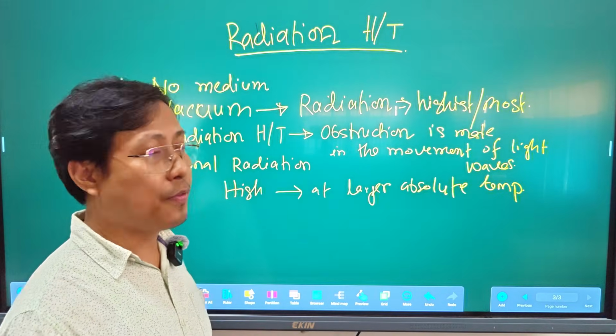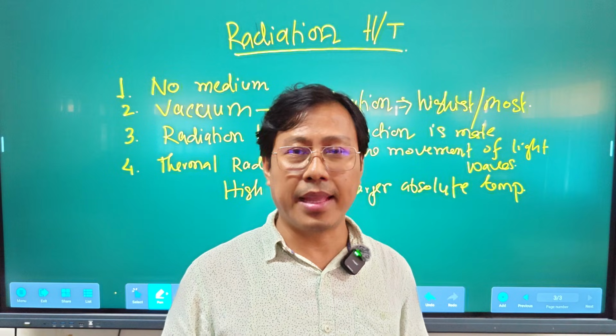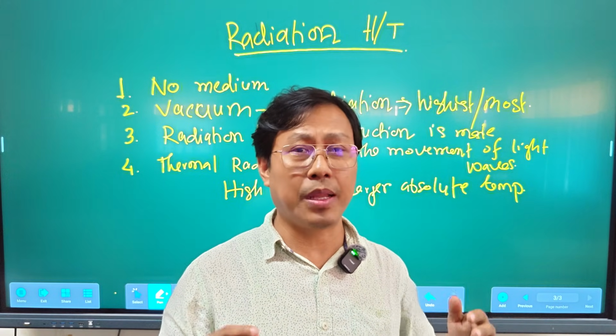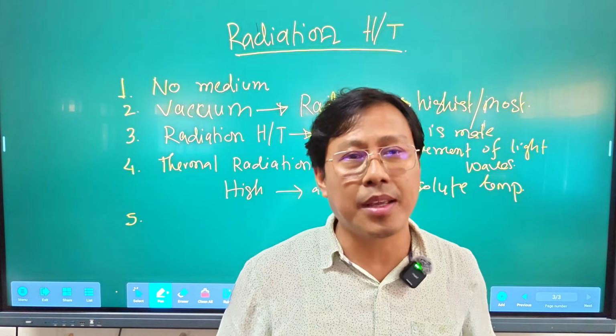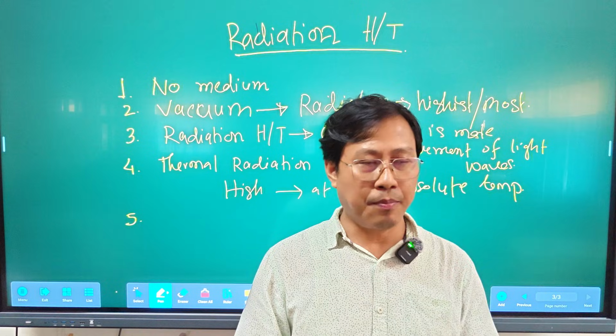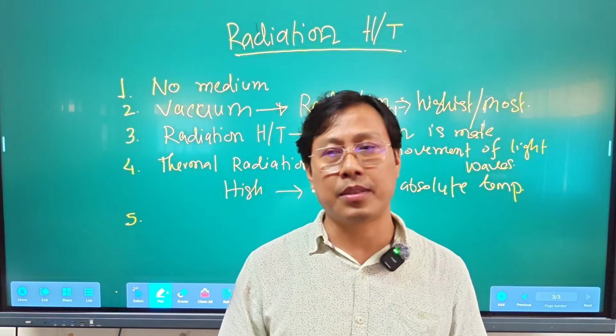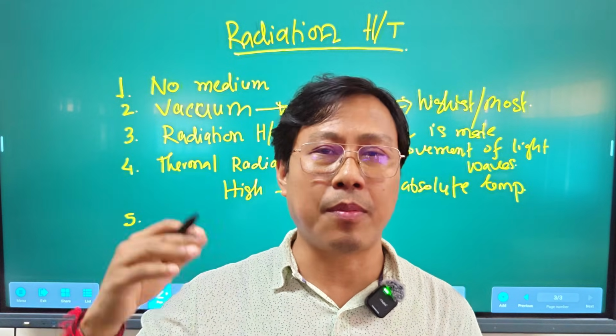If the absolute temperature of the body is very large, then the radiation heat transfer will be very big. The very basic example of radiation heat transfer is the sun, the heat transfer we are getting from the sunlight, which is coming from the sun.